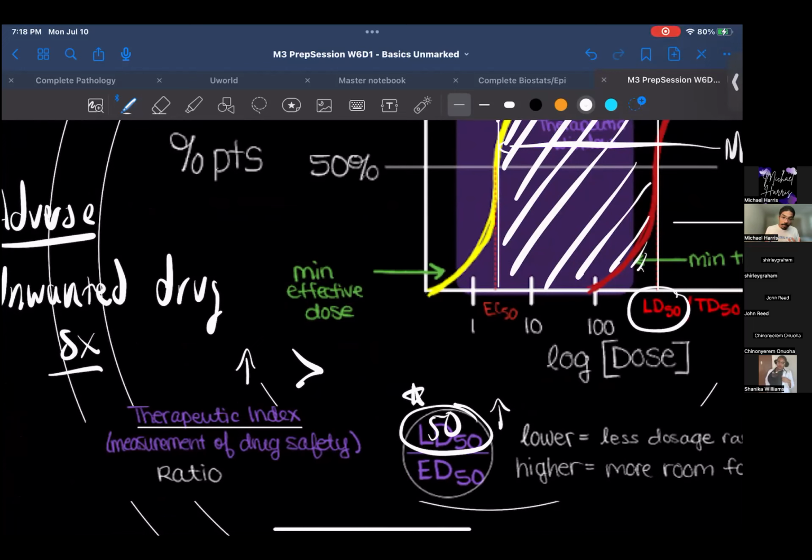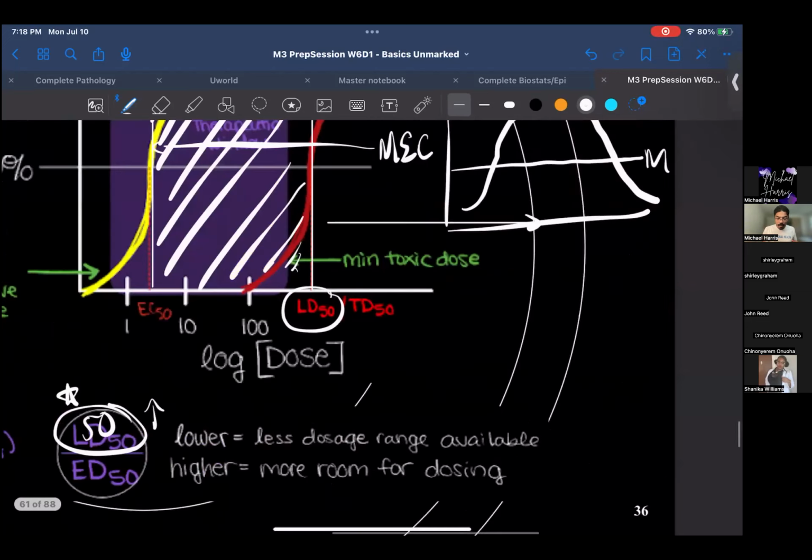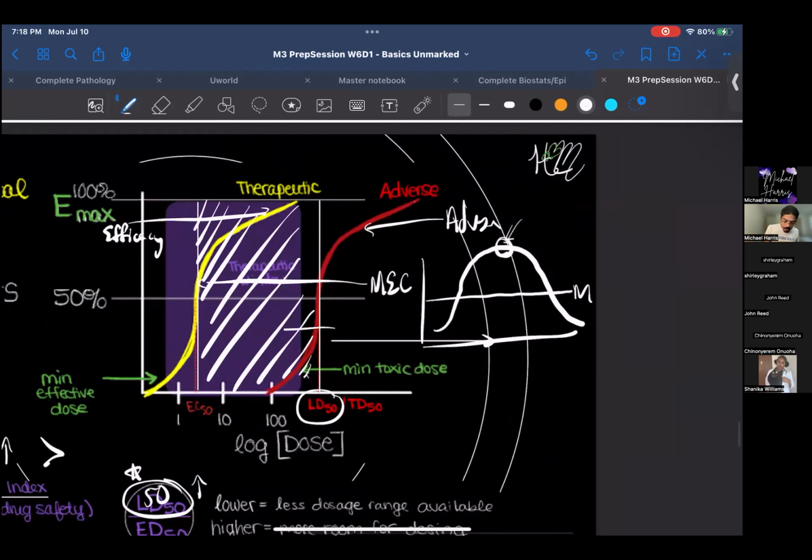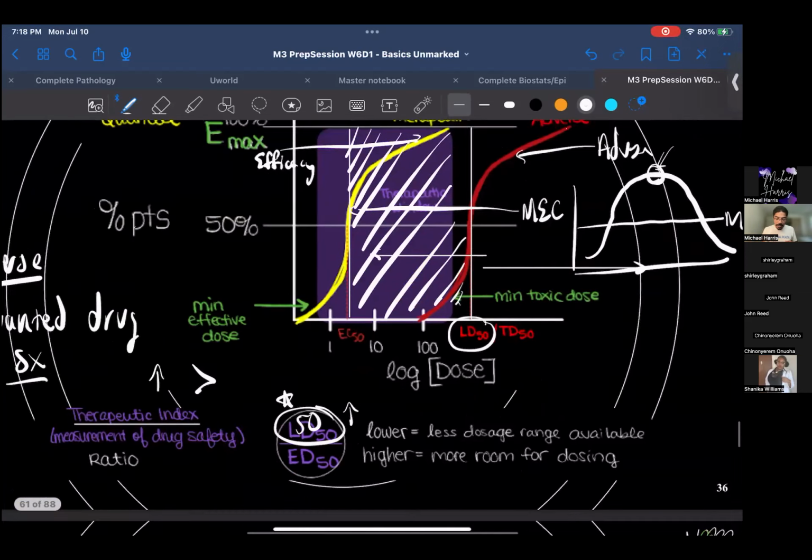Okay? Now, if the lethal dose goes down, what happens to the therapeutic index? If this lethal dose goes down and goes to the left, what happens to the therapeutic index?